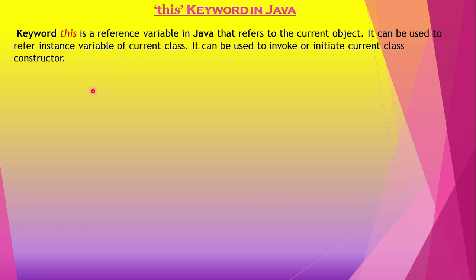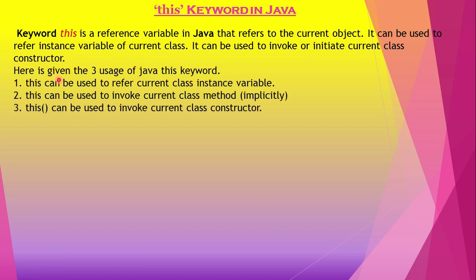It can be used to invoke or initiate the current class constructor. So for easy learning, I have mentioned the uses point-wise here also. You can go for this point-wise, that is easy. Up to here you have to learn: this keyword is a reference variable in Java that refers to the current object.